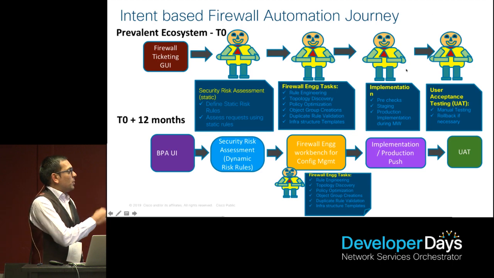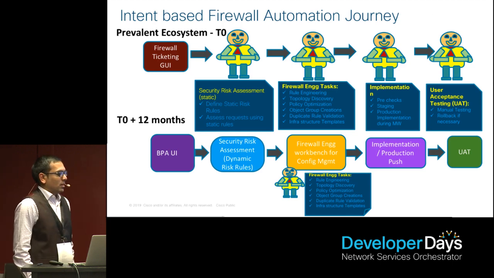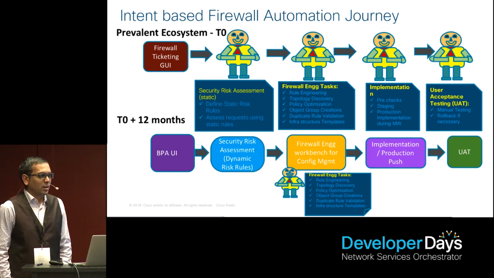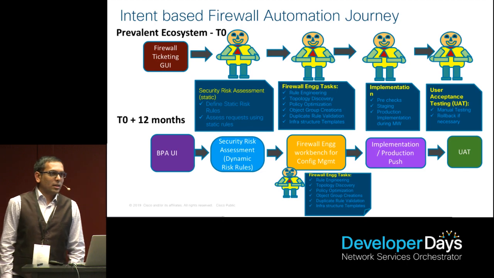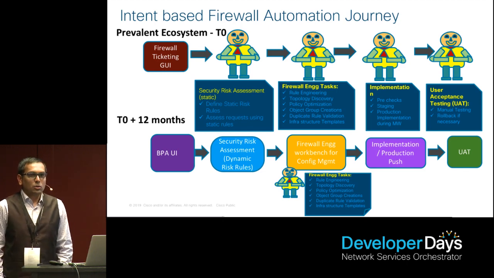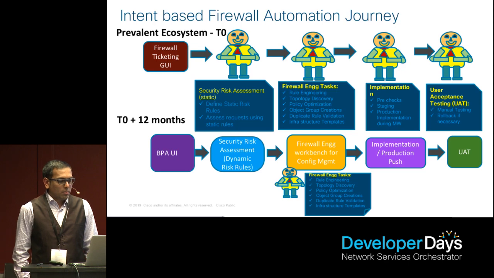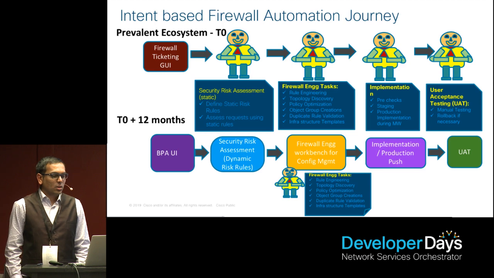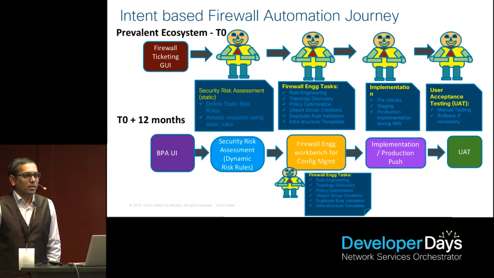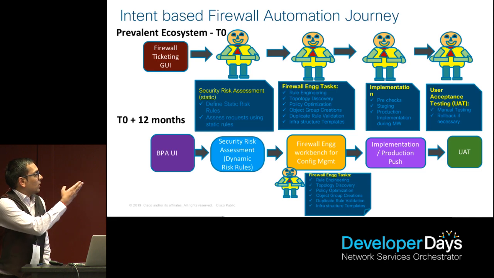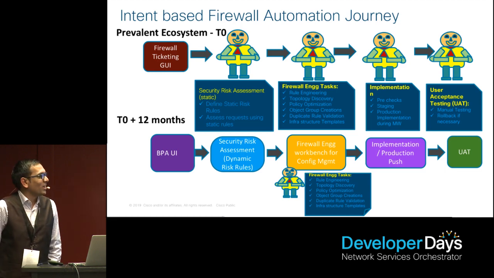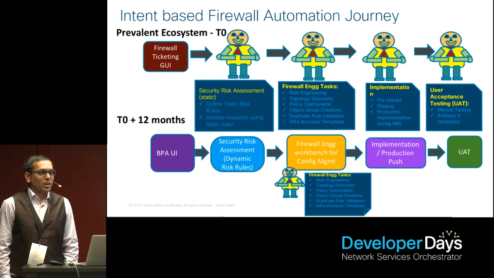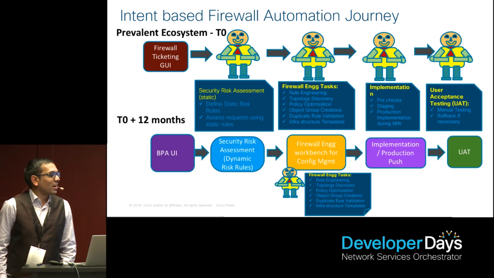Some of those implementation activities are pre-checks, staging through the week, and then pushing the changes into the production environment during the maintenance window, and then doing UAT, user acceptance testing, to verify whether it satisfies the business intent of the request, and then doing a manual rollback. So as you can see, working through the midnight maintenance window, the security engineers and the firewall engineers hold a grumpy look on their faces.